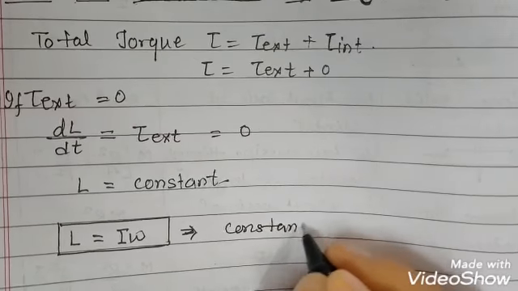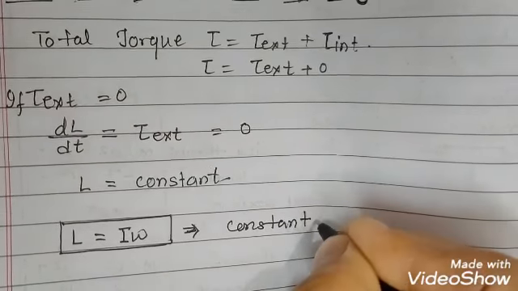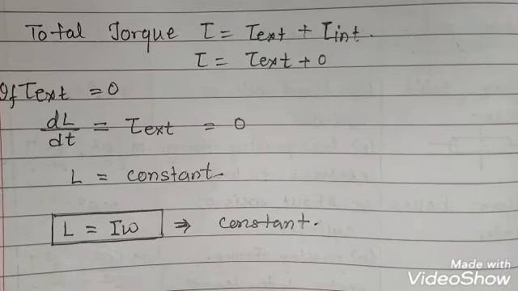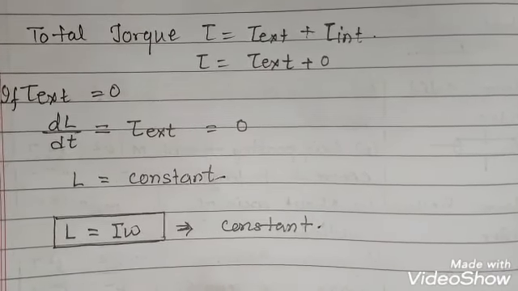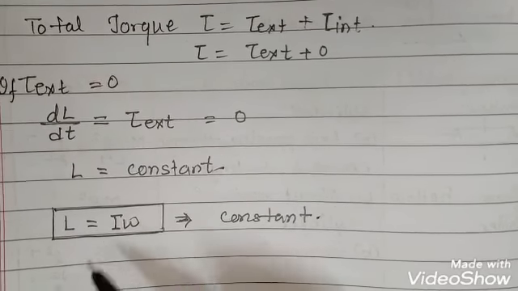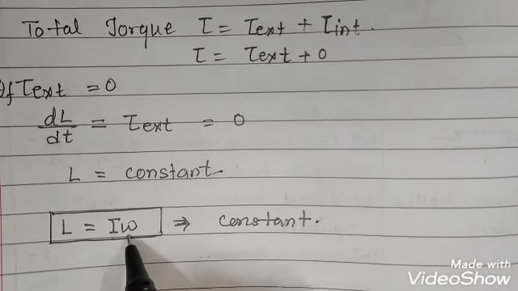The meaning is that if no external torque is applied on the object, that means the body is isolated, in such a situation the product I omega, which gives us L, would be constant.